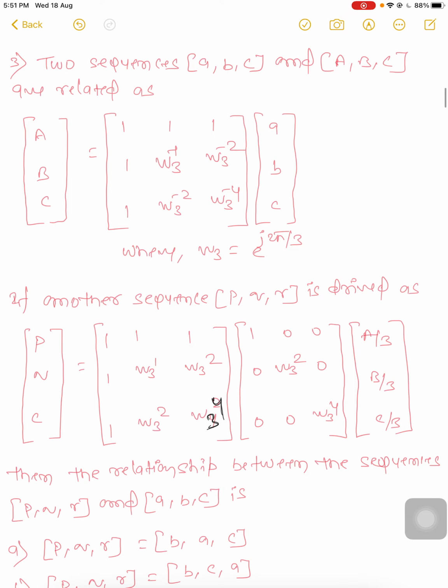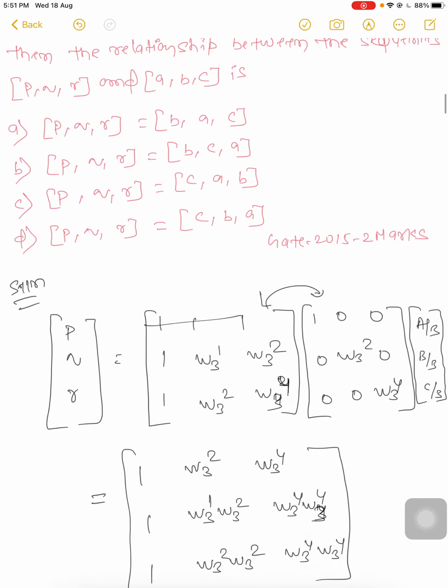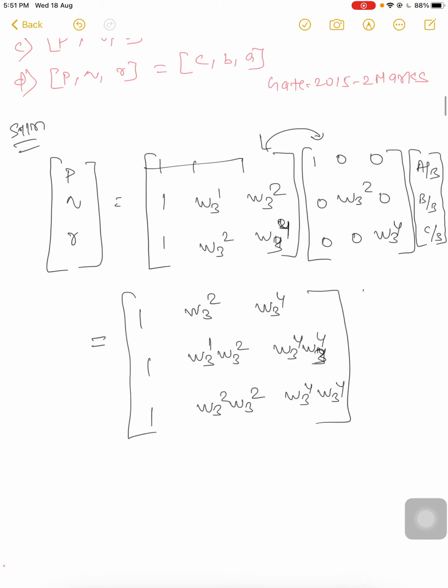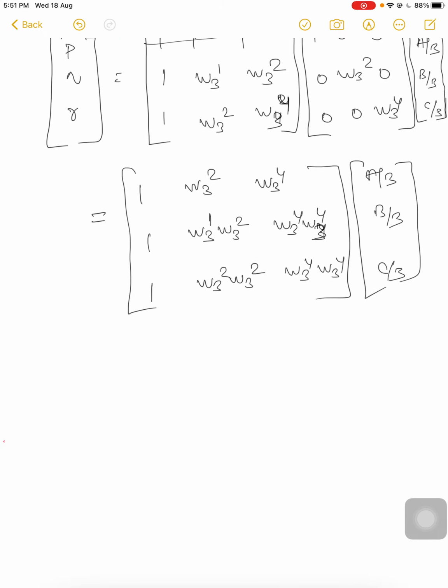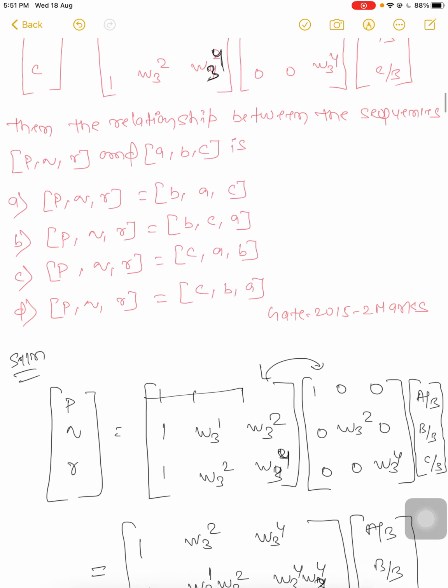Okay, for capital ABC the relation is given, so first put in only ABC, A/3, B/3 and C/3, this way. Now check it. W3 is given as e to the power j 2 pi by 3.